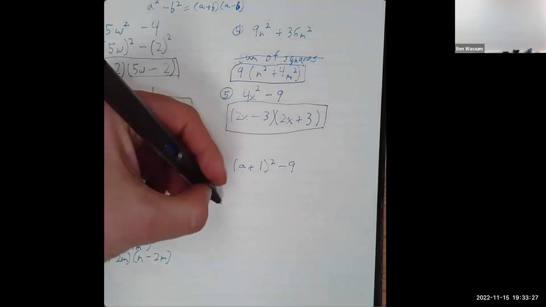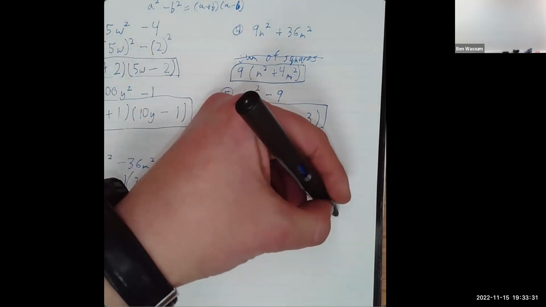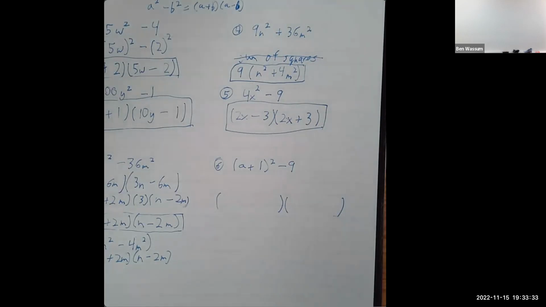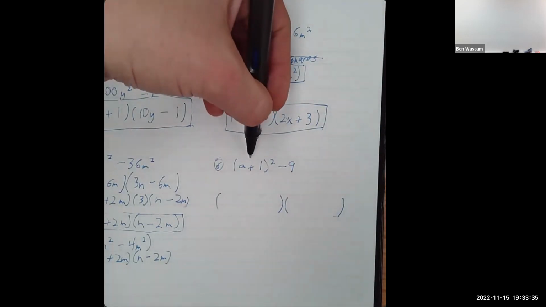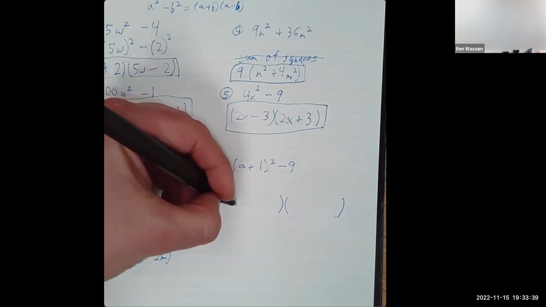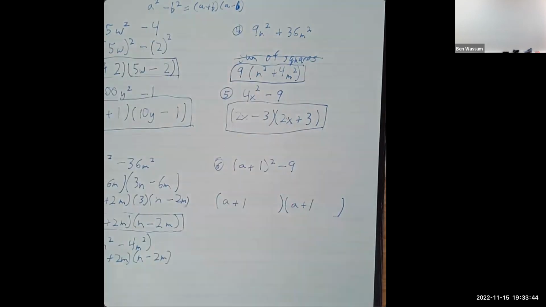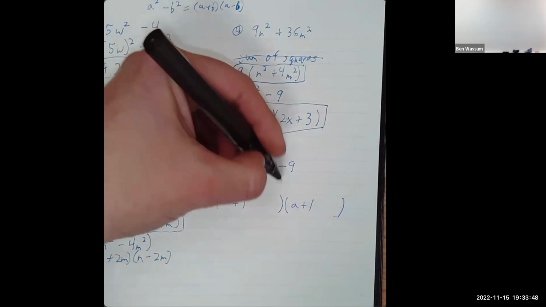Well, this is where you all hate me. You're like, what the hell just happened? What's that first guy being the square of? The square of a plus 1, right? Can I technically do this? Yes. Yes, I can. I can absolutely get away with this. What's that last guy the square of? 3.